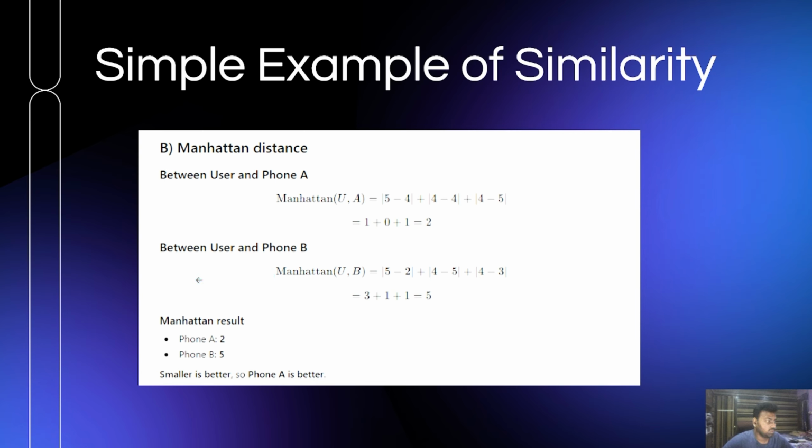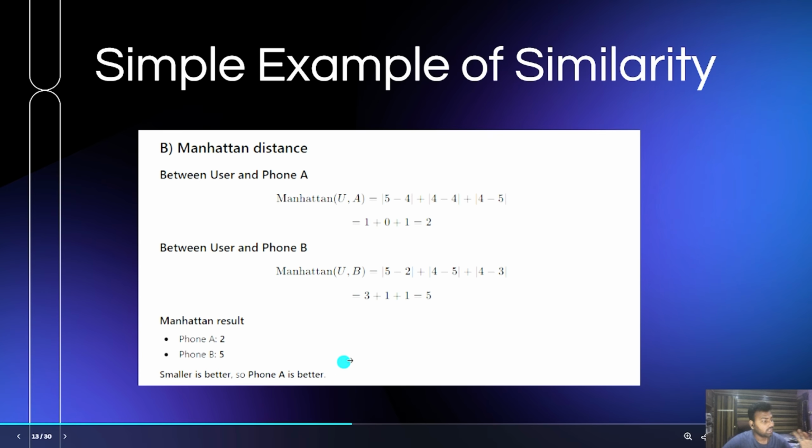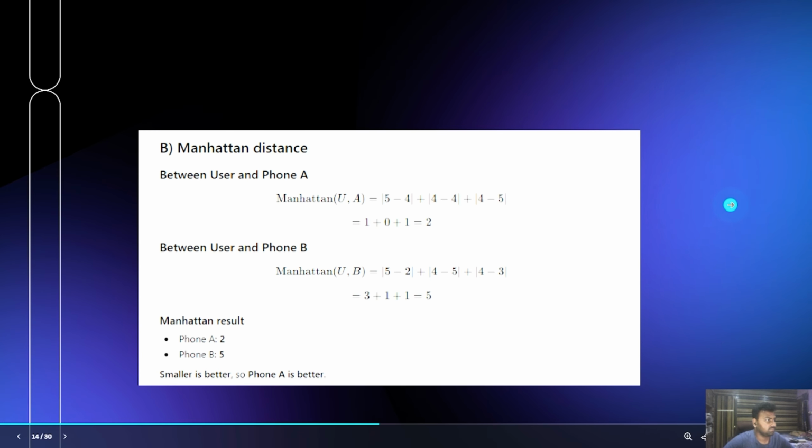Between user and phone B, the Manhattan distance would be |5 minus 2| plus |4 minus 5| plus |4 minus 3|, that is 3 plus 1 plus 1, that is 5. In Manhattan distance, the lower the value, the more similar. So phone A is 2 and phone B is 5, so phone A is the better choice.